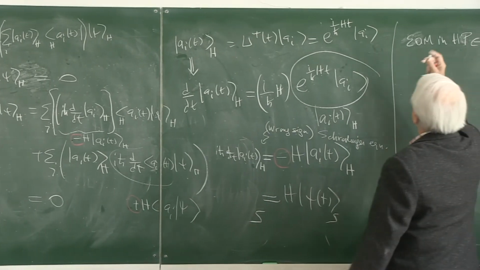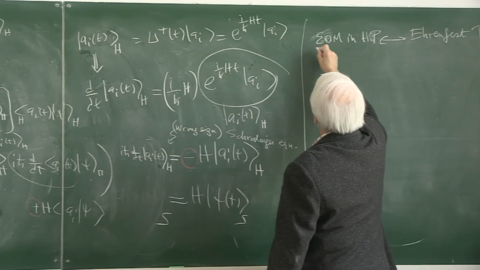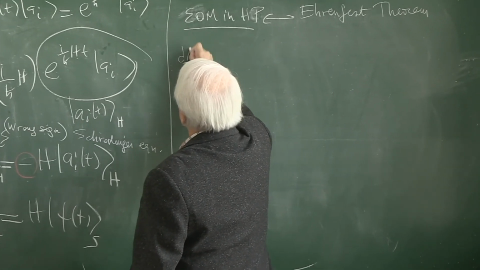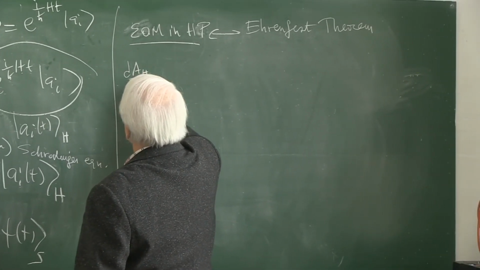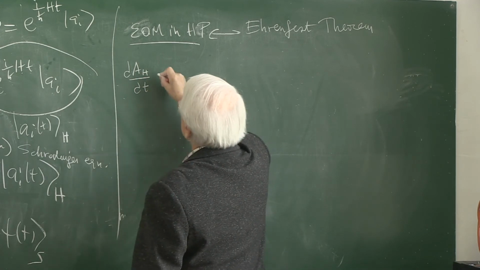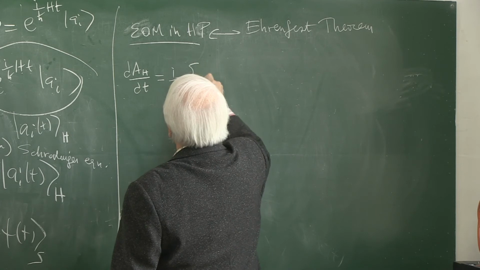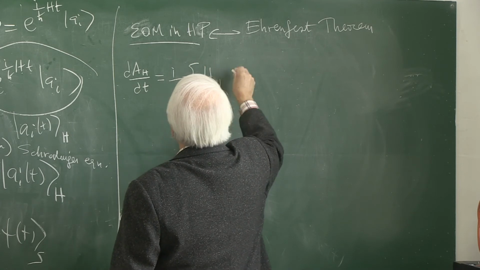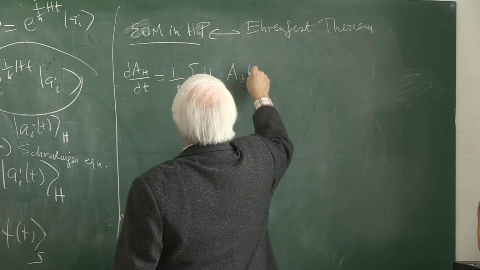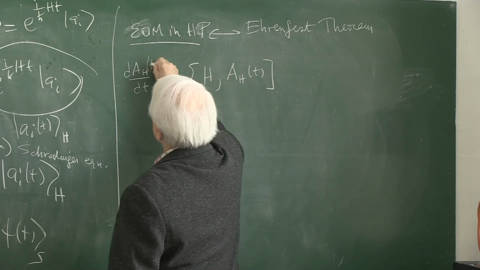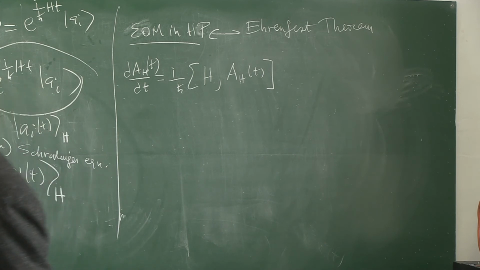Let me write the equation of motion in the Heisenberg picture. Let me remind you. We have shown that it is dA_H/dt is i over h bar [H, A_H(t)]. Okay, this was the equation of motion.